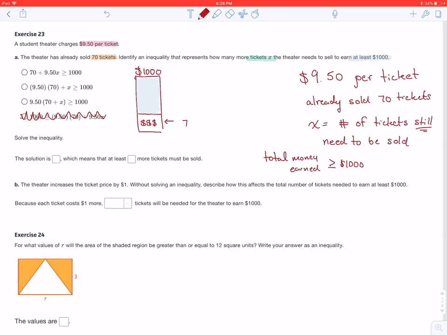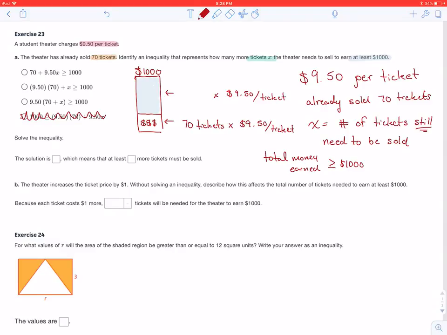If I want to figure out how much money I started with, then I need to take those 70 tickets and multiply it by the $9.50 that's being charged per ticket. And doing so, that's how I'll figure out how much money I started with. And then to determine how much money I need to make to reach my $1,000 goal, I'm also going to multiply by $9.50 per ticket, because the ticket price isn't changing.